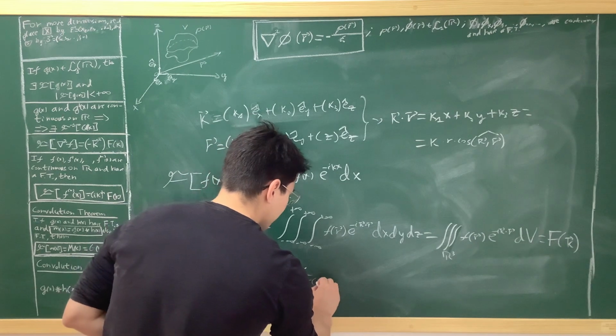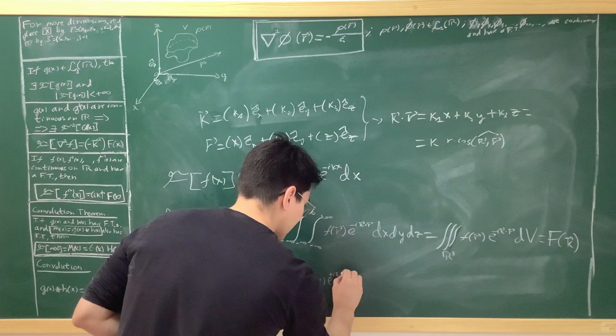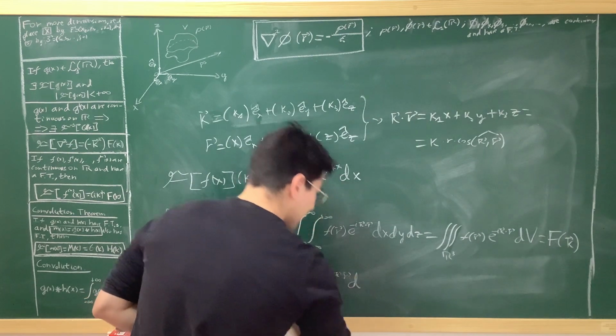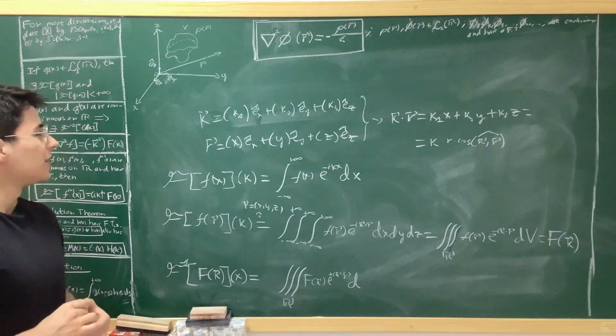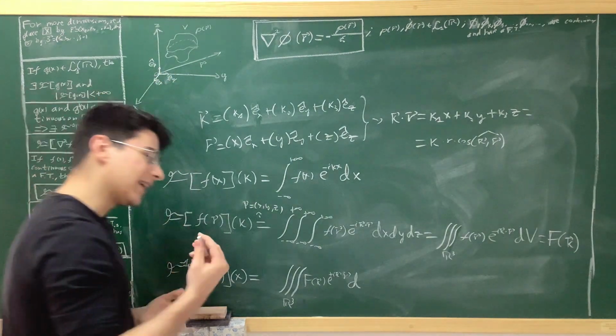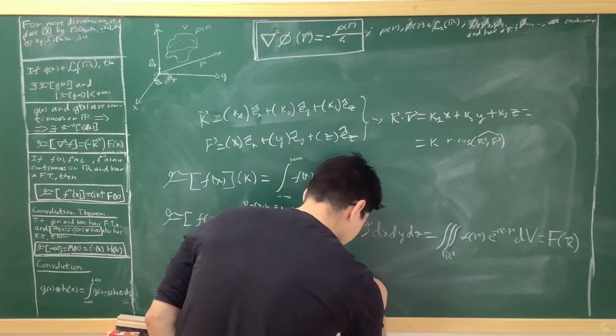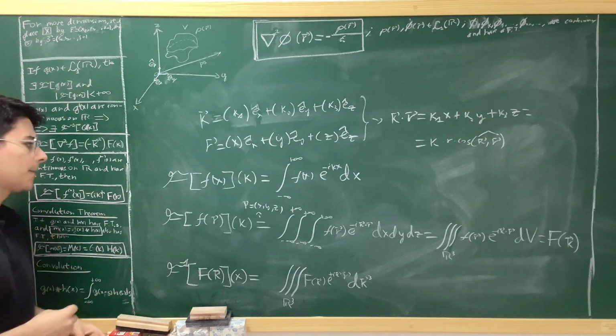Well, f of k vector e to the plus ik dot r, but in this case, this volume is going to be with respect to k. So we're no longer going to be working in these coordinates, but actually on the k coordinates. So I'm going to write this new volume as d vector k cubed.